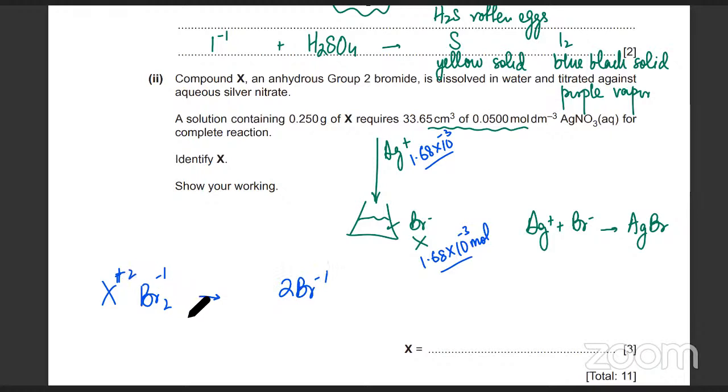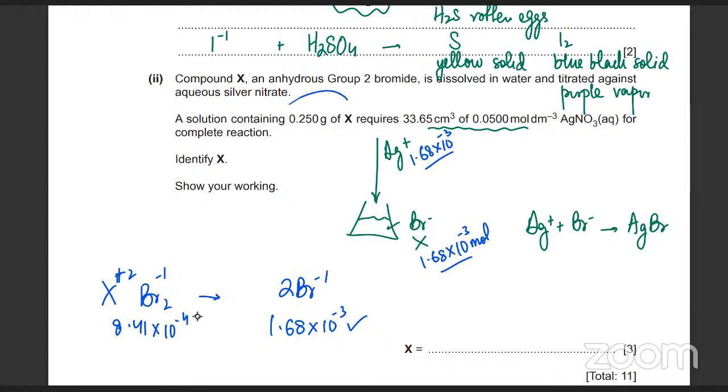So if the moles of Br are 1.68 times 10 to the power minus 3, the moles of the other substance will be half of that. What is half of that? 8.41 times 10 to the power minus 4.